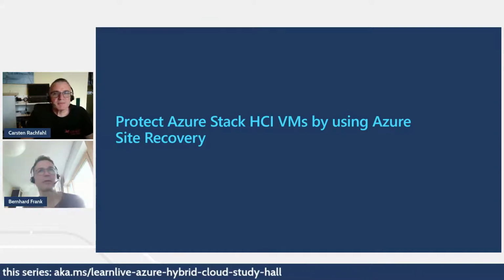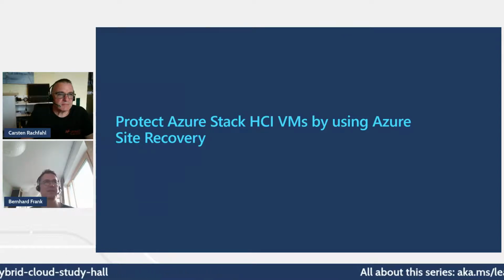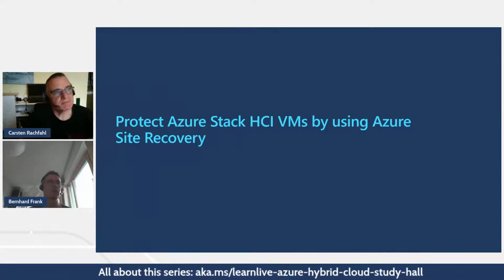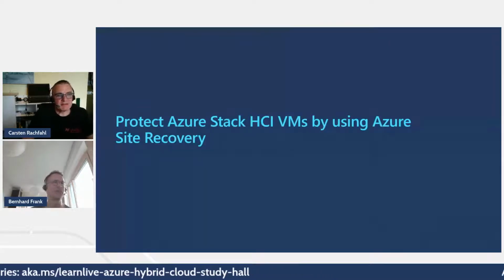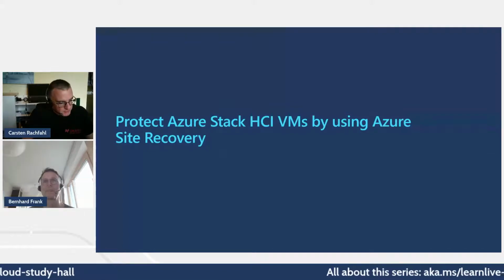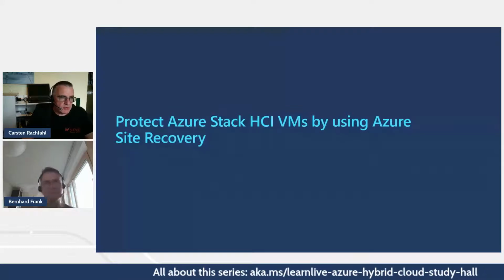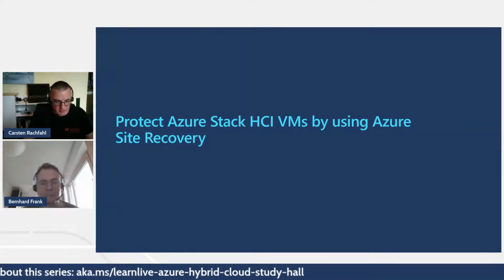Well, let me ask you one question. Which different ways of protecting my virtual machines do I have? What comes up very often is, for example, the malware kind of thing, or there could be a user who is deleting some information, and you want to be protected against that.